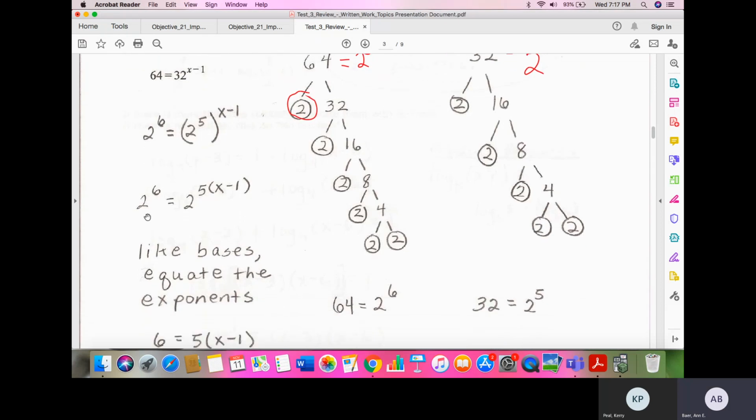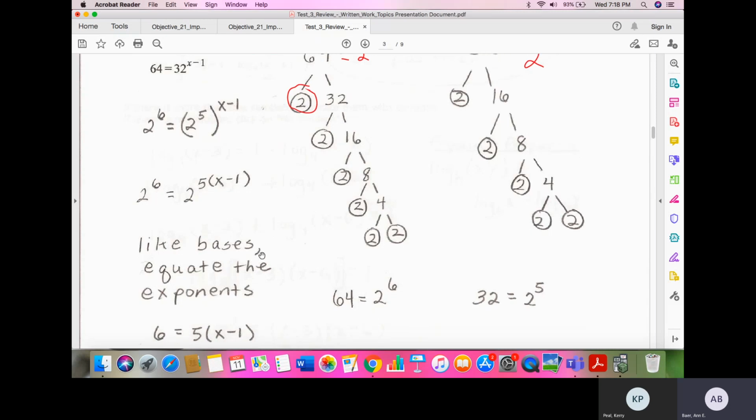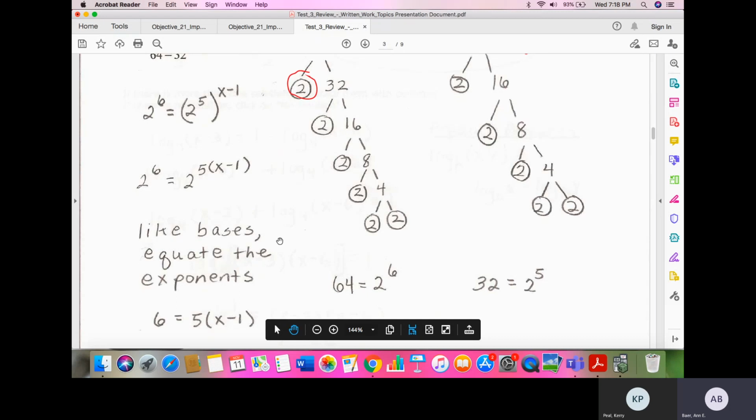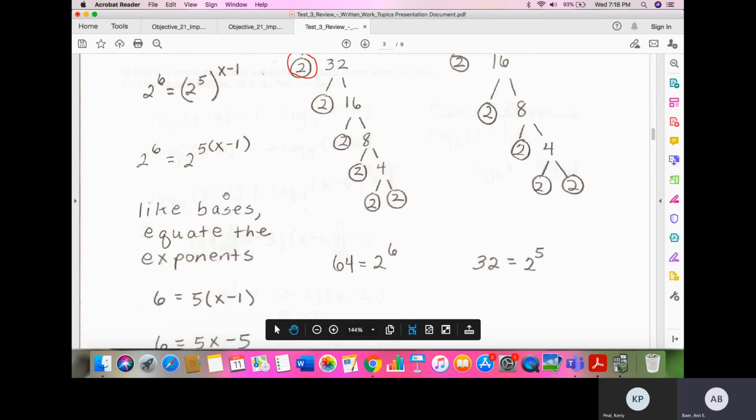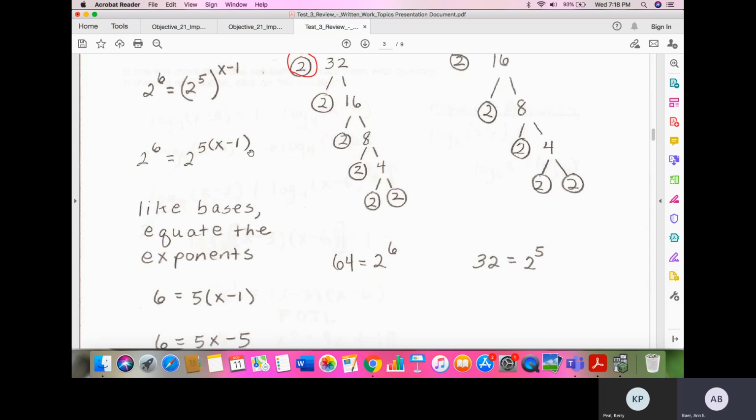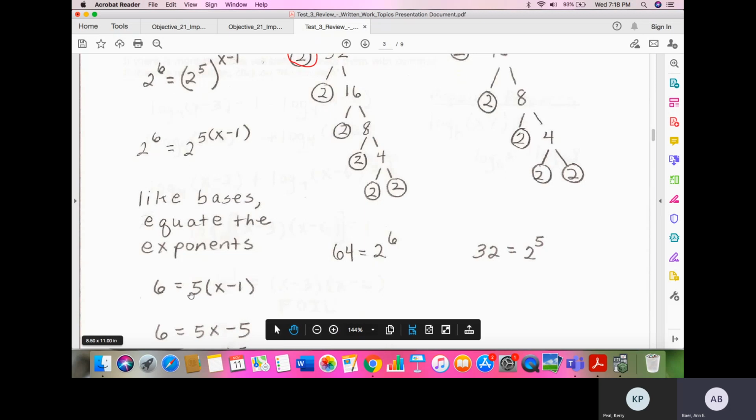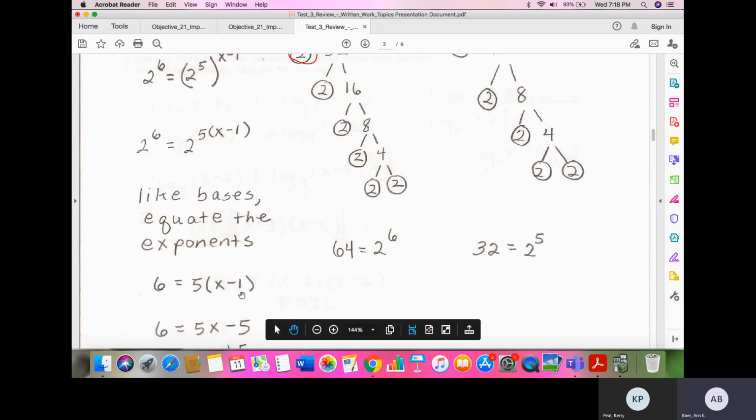And what we have now is a base of 2 here that's at the bottom of the exponent 6, and a base of 2 here that's at the bottom of the exponent 5 times x minus 1. When we have like bases, we can equate the exponents. That is, we can make the exponents equal to solve the problem. So our exponents are 6 and 5 times x minus 1, and we can make those equal to each other. 6 equals 5 times x minus 1.